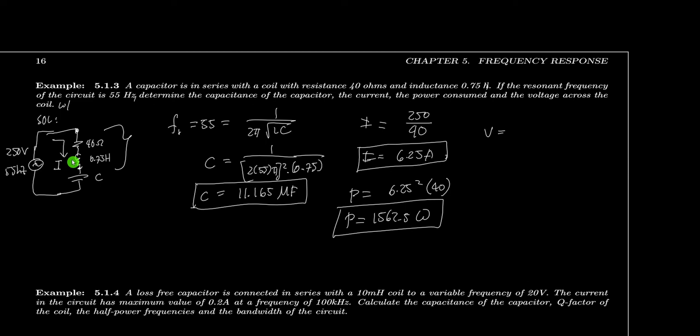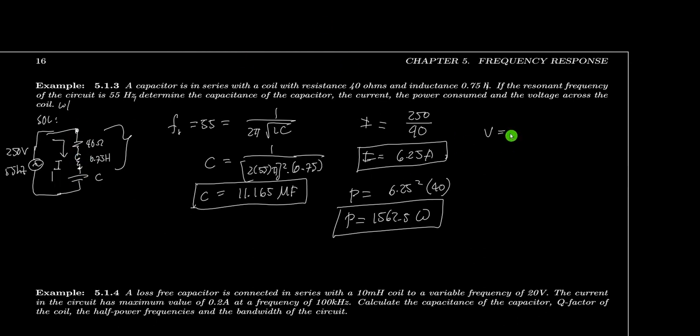If we consider the phasor, because this is purely resistive, the power factor is equal to 1. So the voltage and the current are in phase. If we make the voltage 250 our reference, then the angle of I should be equal to 0. If we add the voltage drop here and the voltage drop at the inductor, that will be the voltage across the coil.